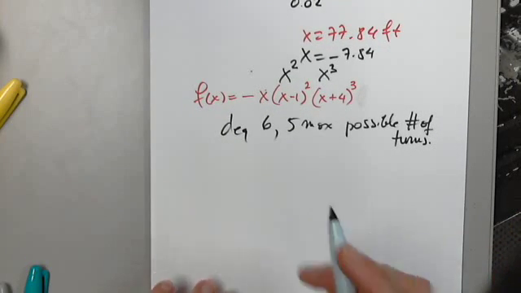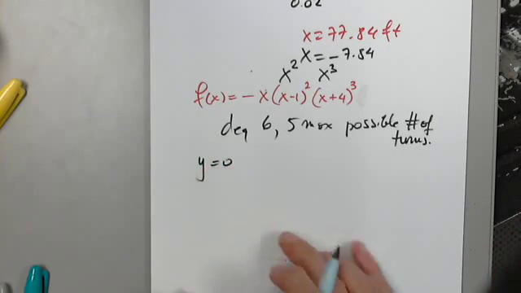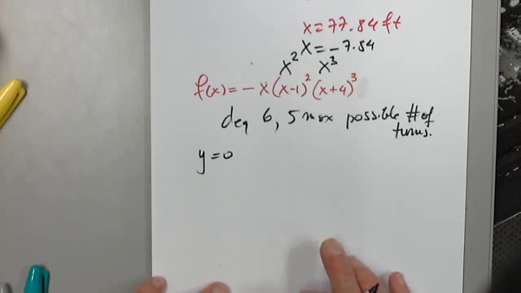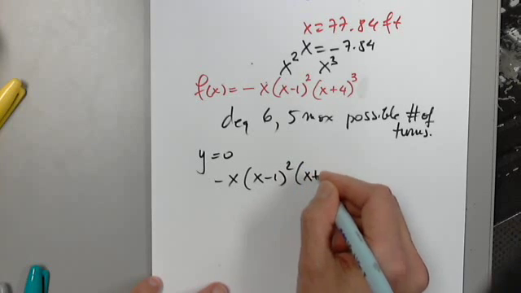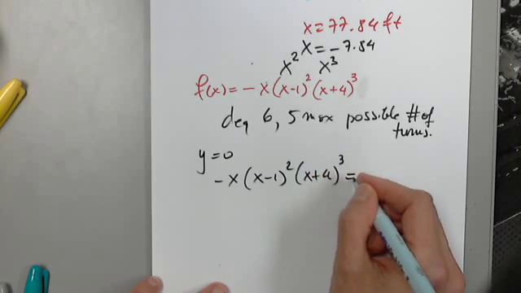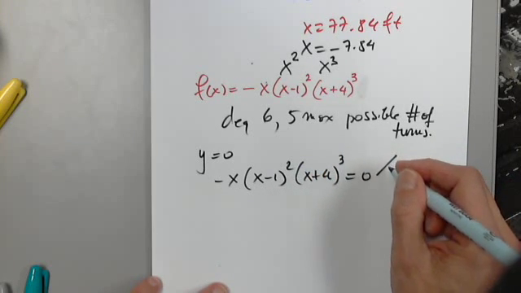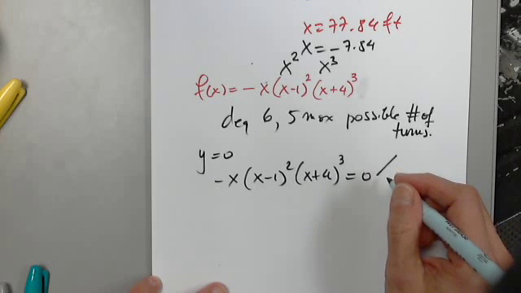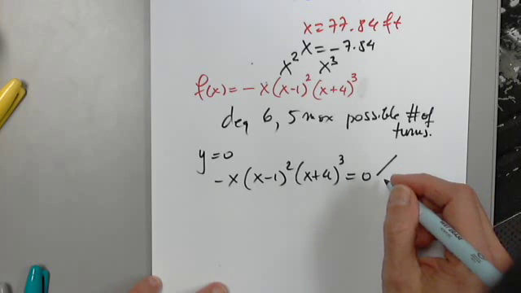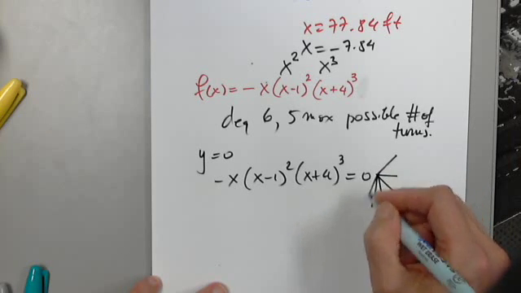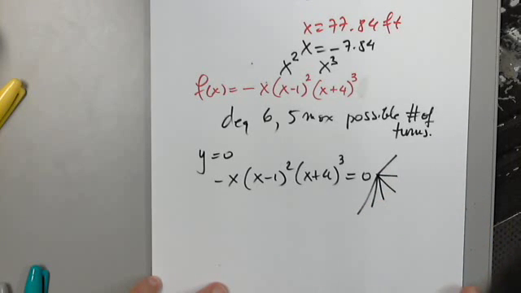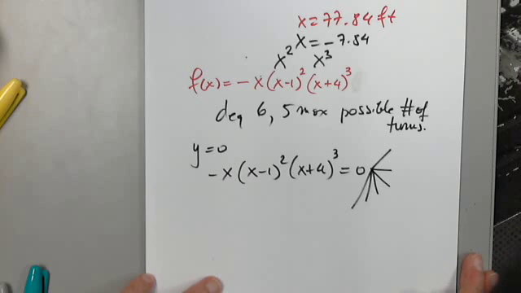Good. So now I'm going to find the x-intercepts, setting y equal to 0. So negative x, (x minus 1) squared, (x plus 4) to the third equals 0. How many solutions will I have to find? Exactly. 6 solutions. Degree 6, 6 solutions. Very good.